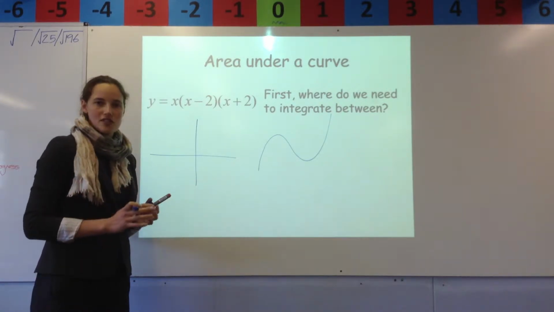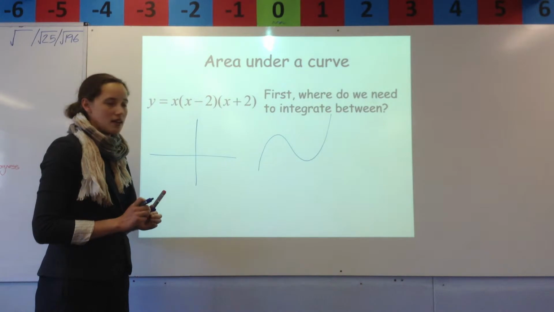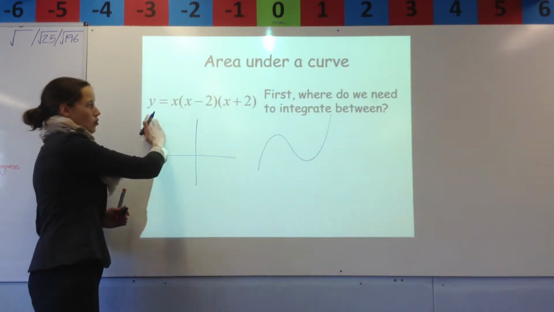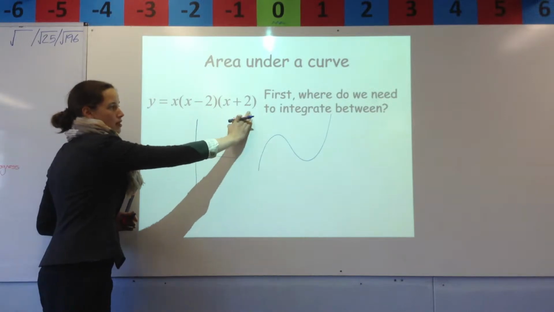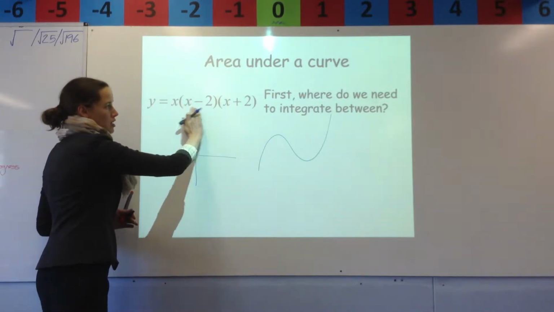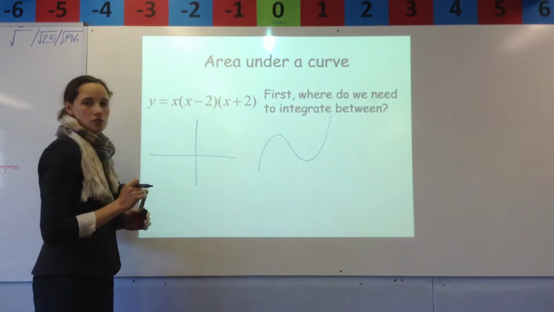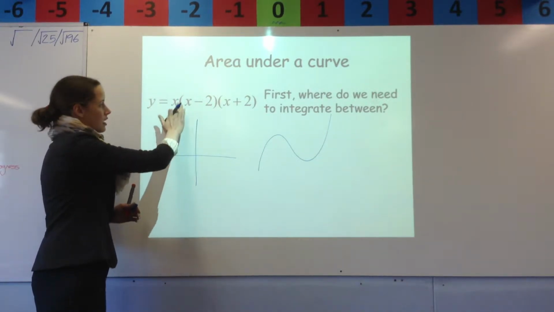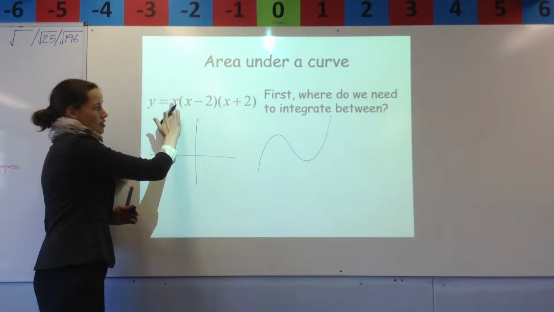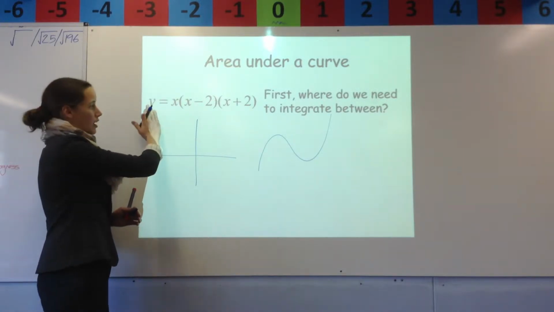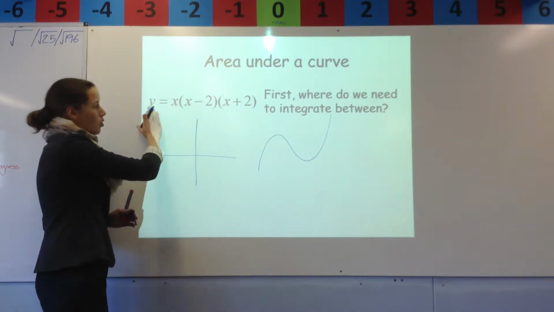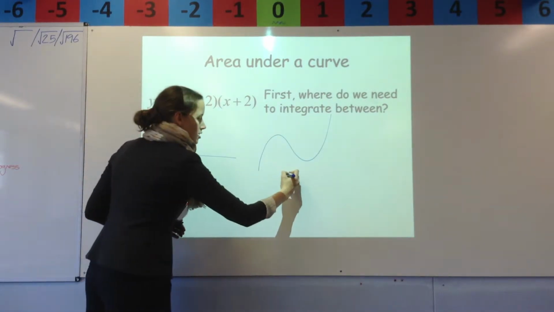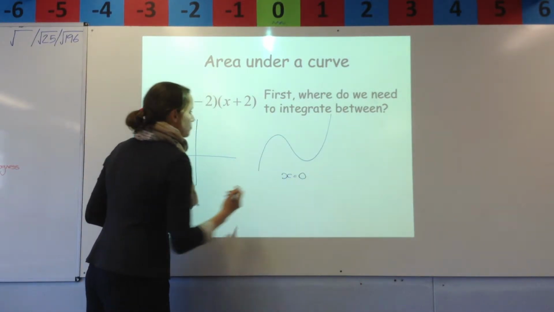Now we know that it crosses the x-axis when its y value is 0. So when y is equal to 0, what does x have to be? Well, we've got three terms here which are all being multiplied together, and we need to get an answer of 0. And we can see that if x is equal to 0, then we've multiplied by 0 and we will get an answer of 0 here. So we know that one of the values where it will cross the x-axis is where x is equal to 0.